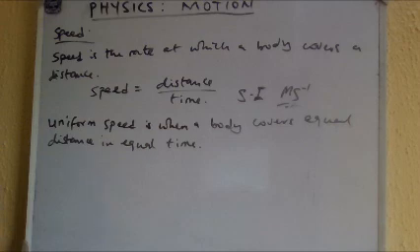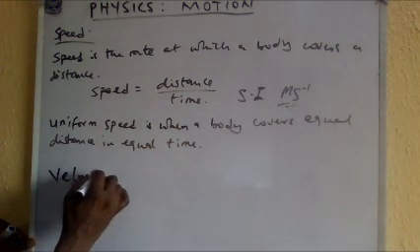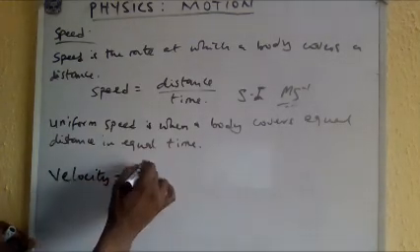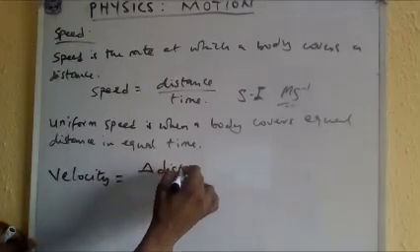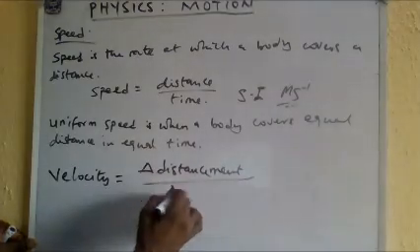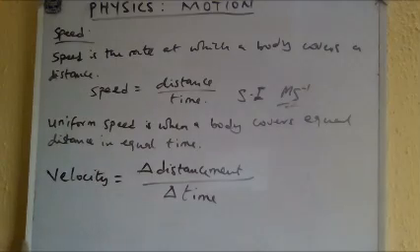But when you talk about displacement, it is a particular direction. So velocity is described in terms of displacement. It's the rate of change of displacement. This is the definition: delta displacement over delta time. What's delta? Rate of change.